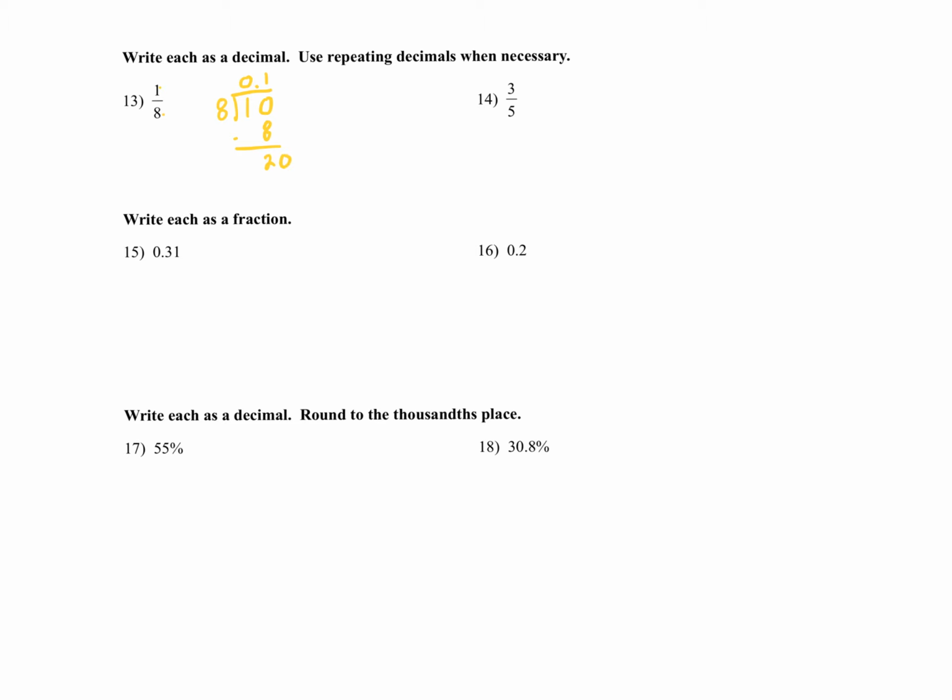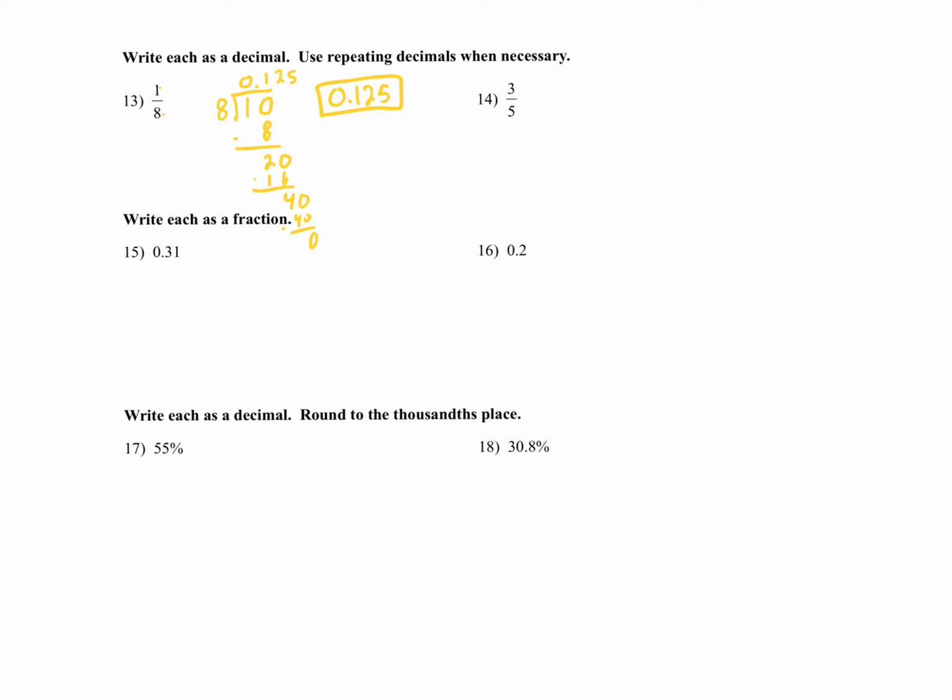How many times does it fit into 20? 2 times, because it gives me 16. That's 4, and then add on the 0. 8 fits into 40 5 times. 5 times 8 is 40. So now it's down to 0. So my answer is going to be 0.125.